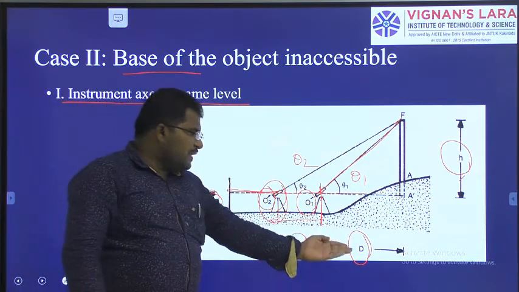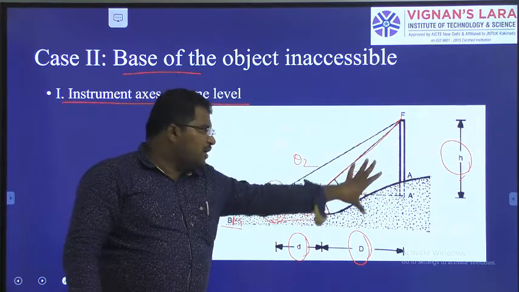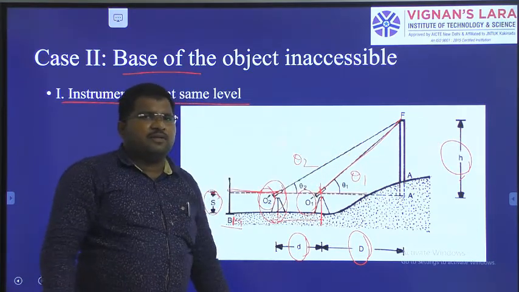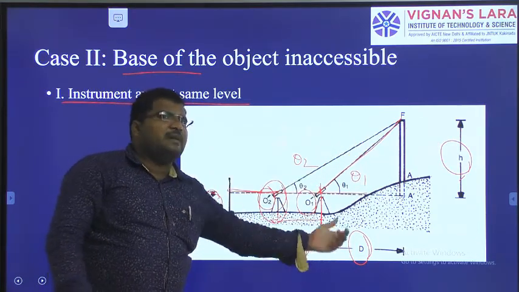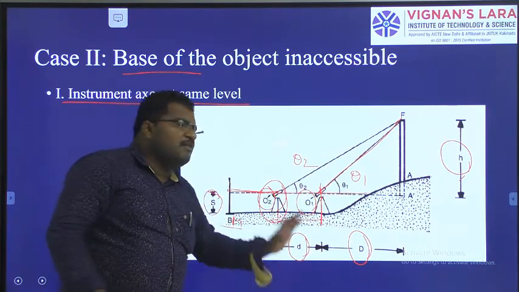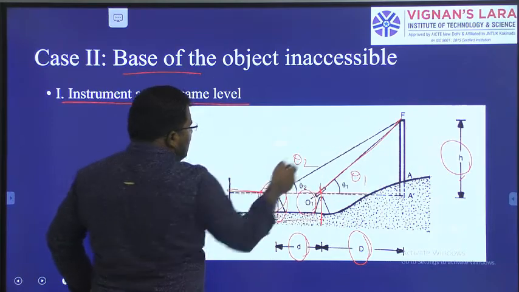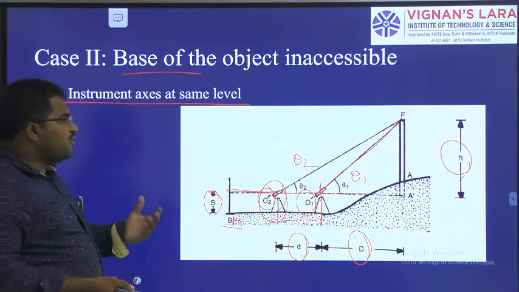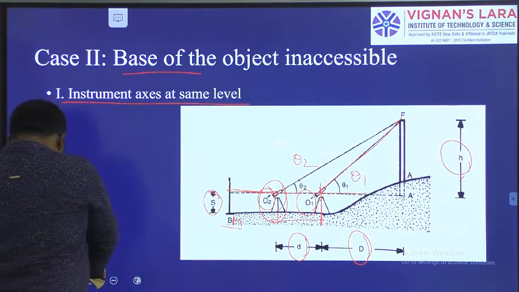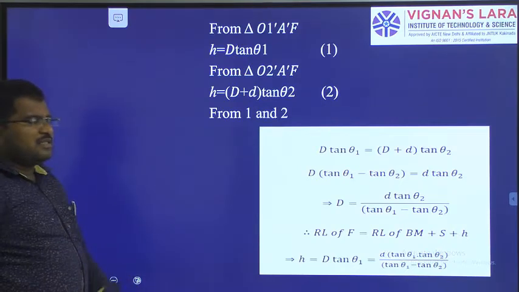So without knowing the D value, we need to find out the h value. In the previous case we knew D, but here we don't. Based on these two similar triangles, we are going to solve it. If you are familiar with trigonometrical formulas, it will be very easy.